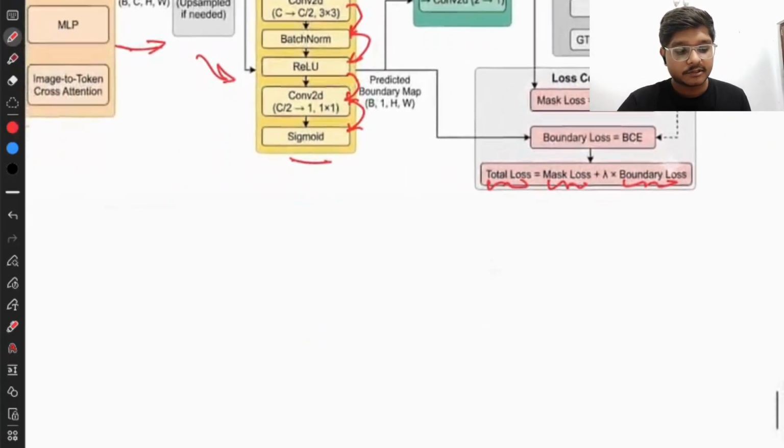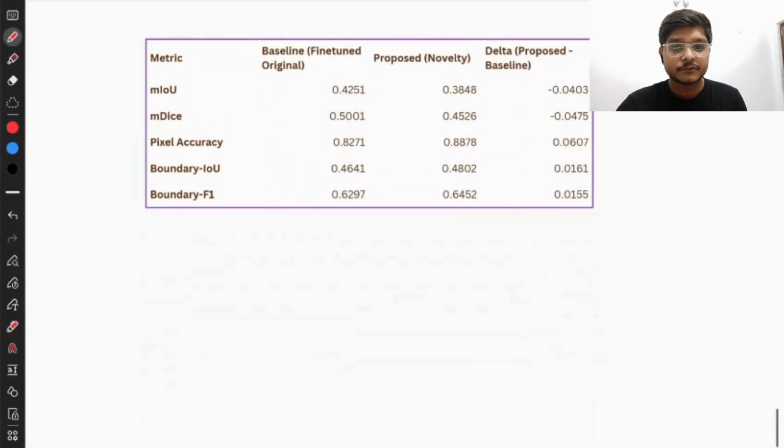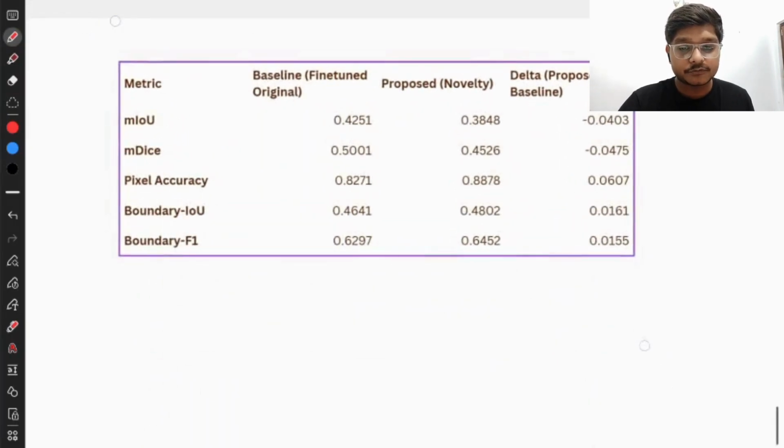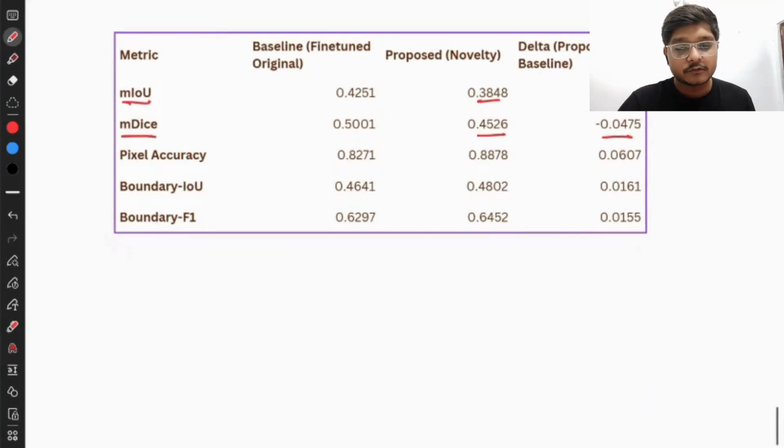So let's see the results from this architectural change. When we evaluate this on our Cityscapes dataset, the metrics tell a very interesting story about the trade-offs. You'll notice that the mIOU and the mDice scores for our proposed model are slightly lower than the baseline model. This is a known phenomenon when introducing high frequency edge constraints, as the model becomes less forgiving of small pixel shifts in a large region.